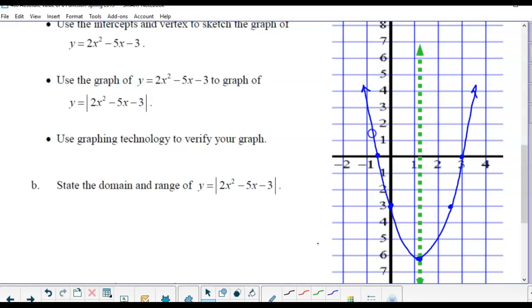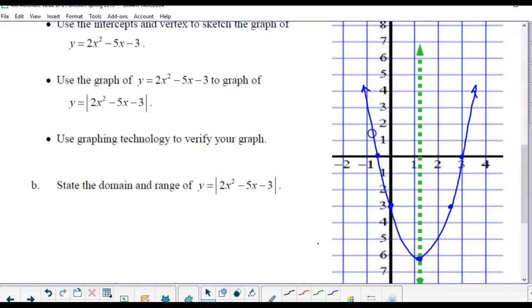You could even test out, that looks like it's 2. Actually, we know the stretch factor is 2. So for 1 unit over there, it's going to be 2 up. So I'm a little bit off, but not too bad.